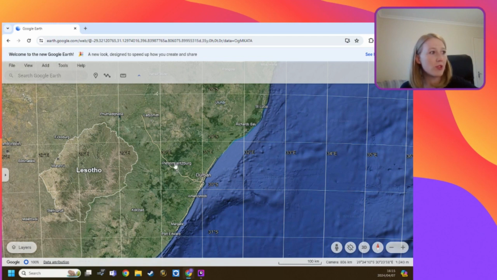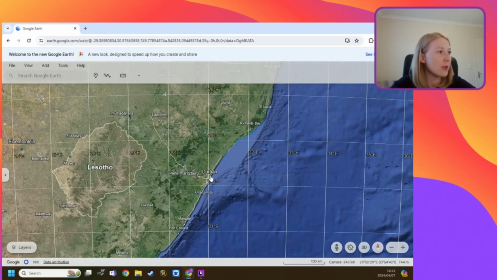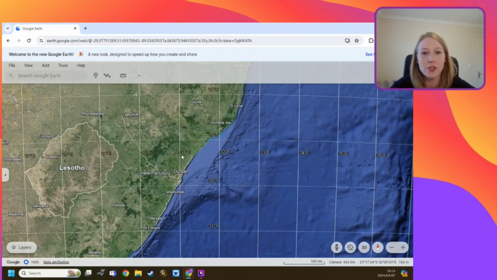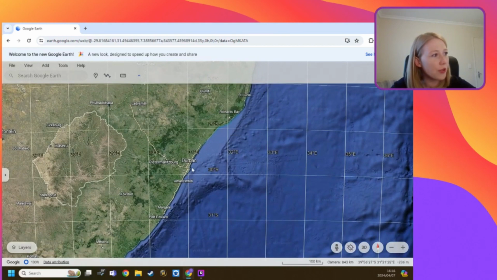So we were able to give the coordinates of a place, and we were able to find a place using those coordinates. So if we look at it, the word Durban is on the 31 degree east line, and it's a little bit north of the 30 degrees south line. So here's our 30 degrees south, but there's Durban. That is now where we're going to break down degrees.